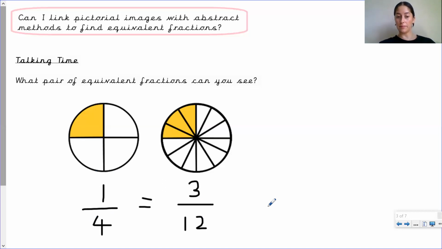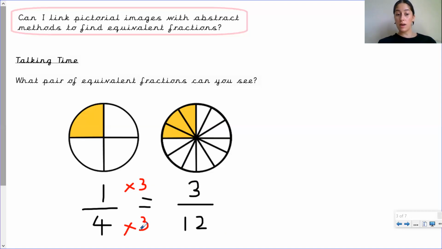What's happened to that? So if we do 1 multiplied by 3, it equals 3. And what's the relationship between 4 and 12? 12 is in the 4 times table. So 4 also multiplied by 3 equals 12.